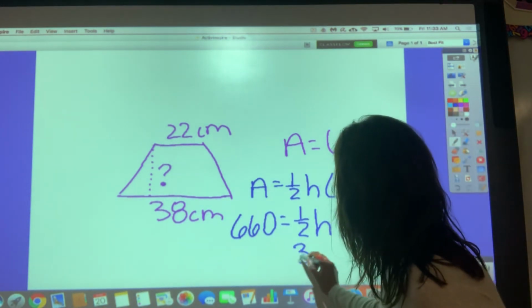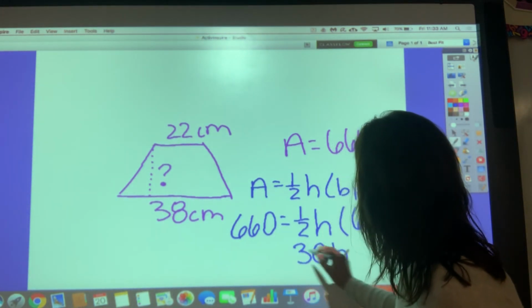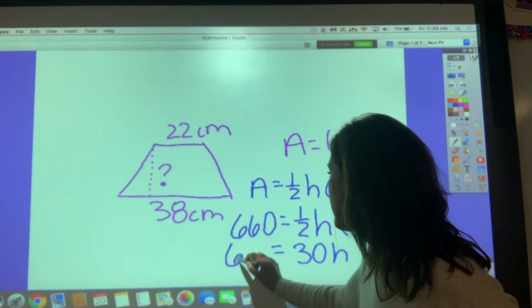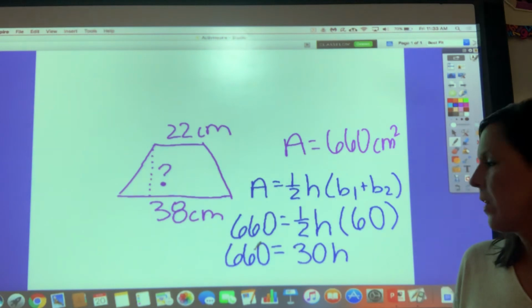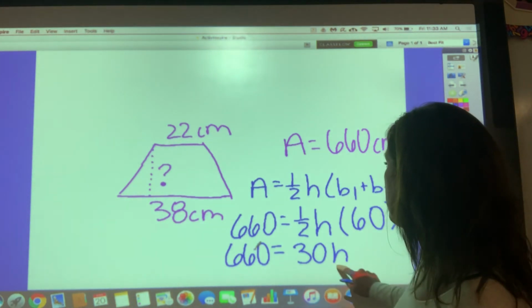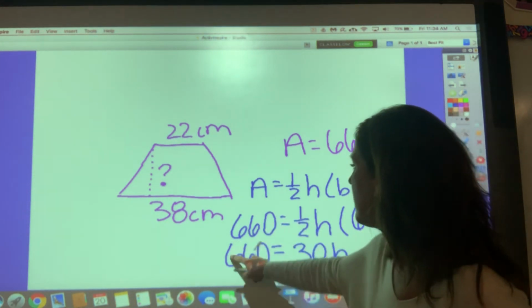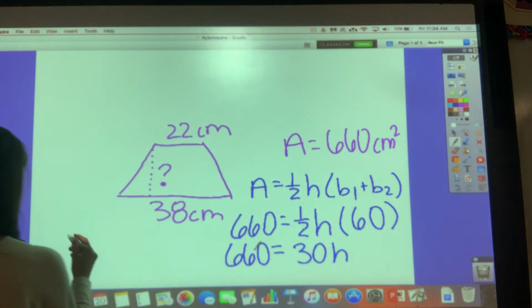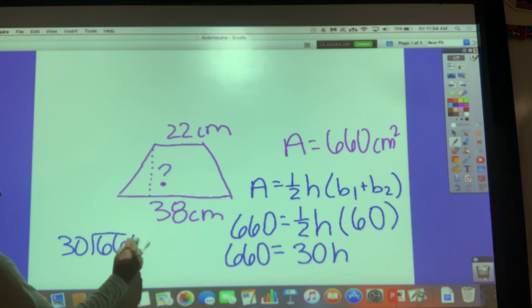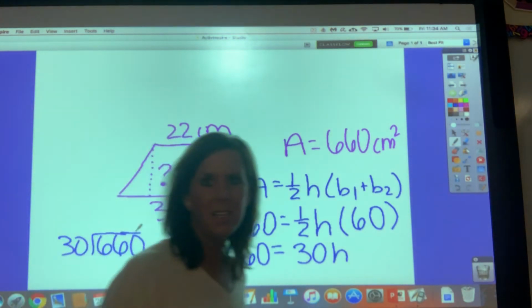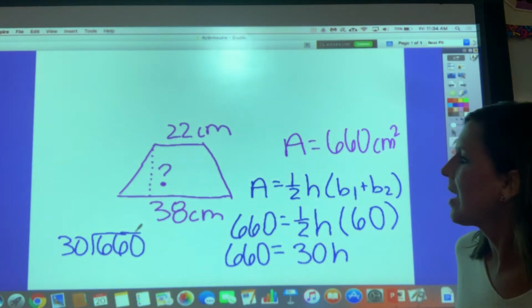So all we have left over here is 30h, and what we have left over here is 660. So we have an equation. And so again, if we multiply by 30 here, we're going to take it over here and divide. So that means that we need to put 30 into 660 to see what our missing height would be.